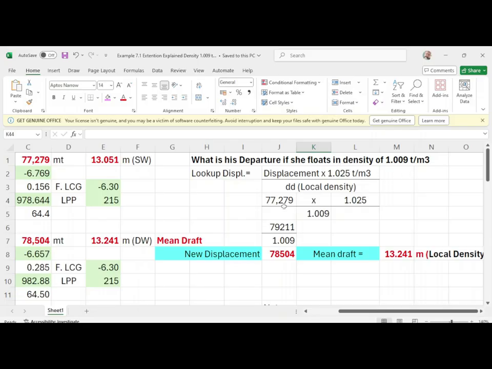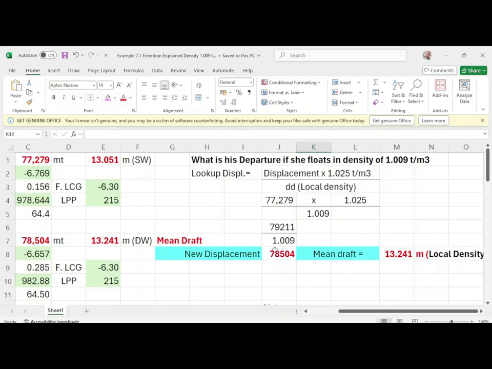The current displacement is 77,279, which is our departure draft in salt water. So you put it here times your constant of 1.025 over your local density 1.009. The new displacement would be 78,504, and the mean draft would be 13.241.